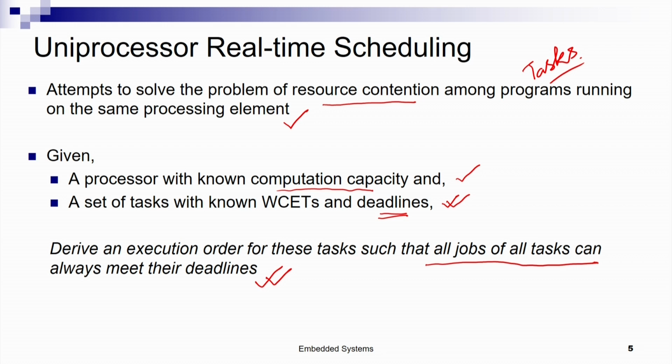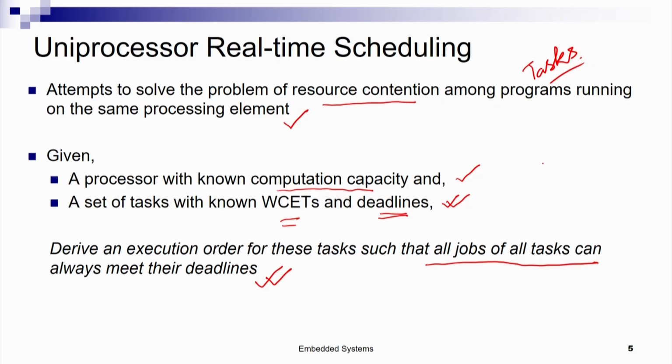If we know the relative deadlines of the jobs, and the WCET, the worst case execution time, that also must be known. One implicit assumption that we are making here is that the deadline of each job is equal to its period, which may not always be the case.